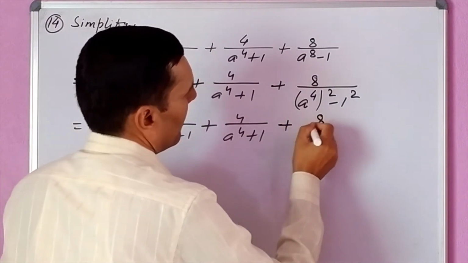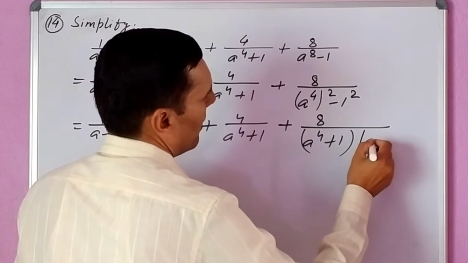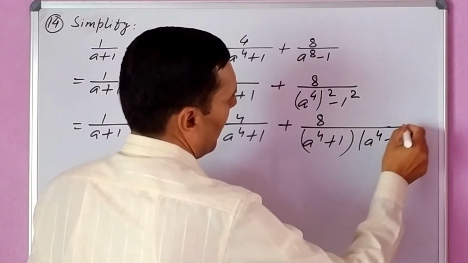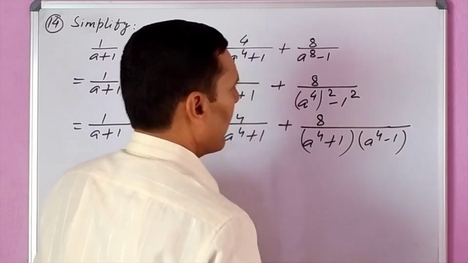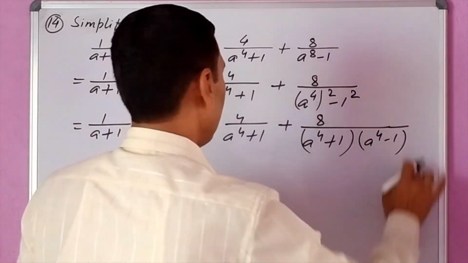Now it is 8 upon a power 4 plus 1 times a power 4 minus 1. Now we are taking the LCM from the last two terms.